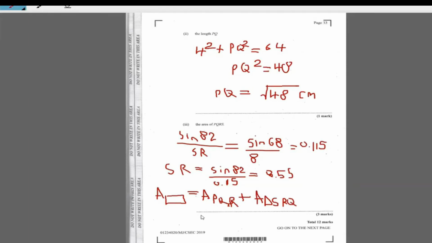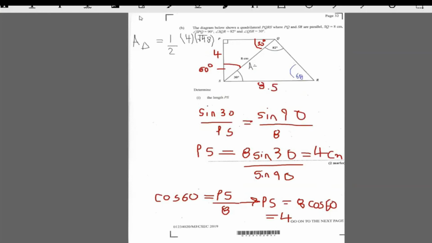So we're going to work these out now. We already worked out the area of triangle PQR. That works out to be a half of 4, which is 2, times the square root of 48, which is 13.85 to be exact.